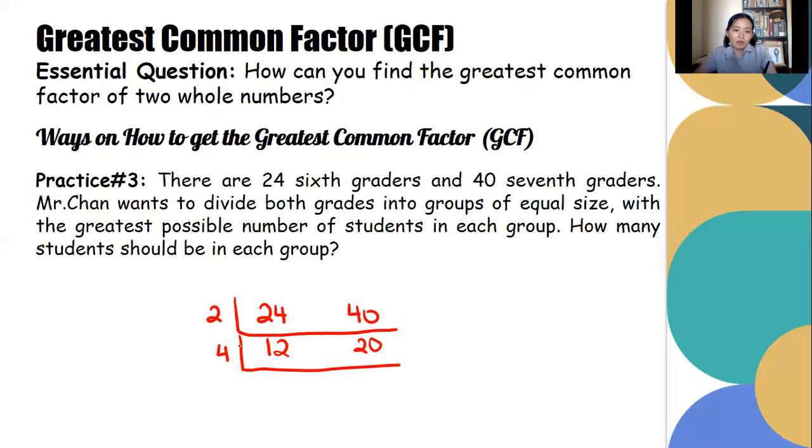So 12 divided by 4 is 3. 20 divided by 4 is 5. So 2 times 4, the GCF is 8.